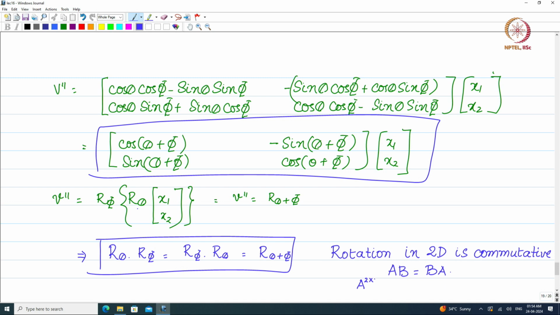So, this is basically A 2 by 2, B 2 by 2 is equal to B 2 by 2, A 2 by 2, if let us say A is equal to r theta and B is equal to r phi, right. So, it is commutative.